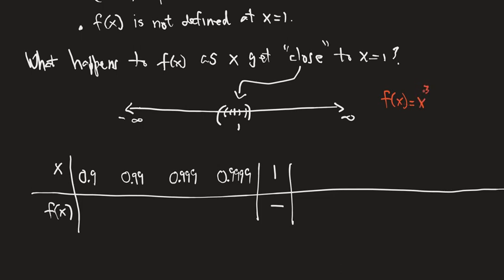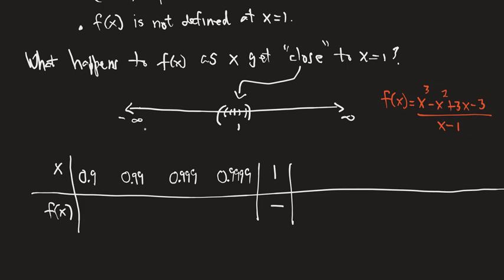And I will encourage you to verify the function evaluations. I will fill out the table, but you could even pause the video and try to evaluate this function at these 4 values of x, and then confirm that you get the values that I have.